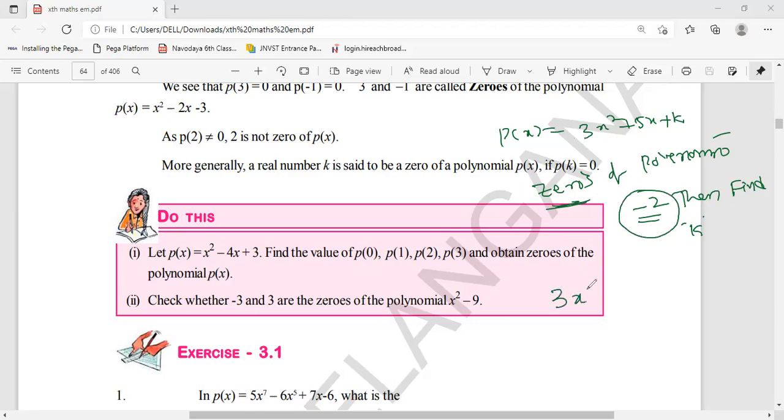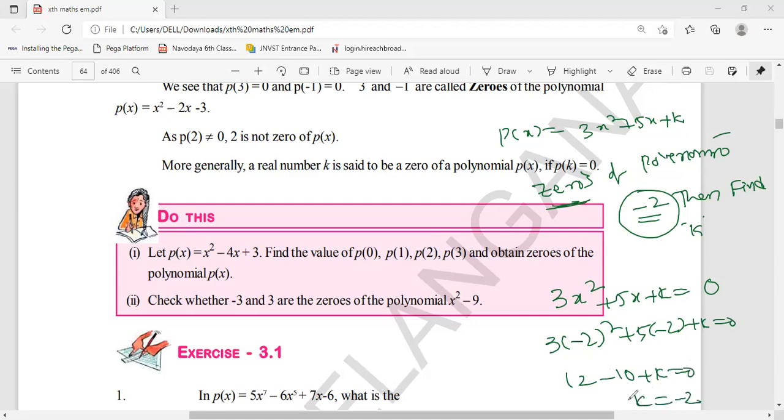That's why I'm equating this to 0. When you substitute x is equal to minus 2, what is it? 12 minus 10 plus k is equal to 0. So k is equal to minus 2. That's it. K equal to minus 2.